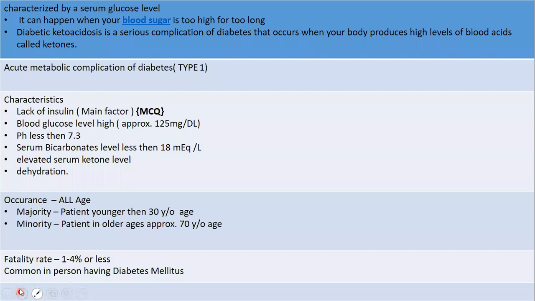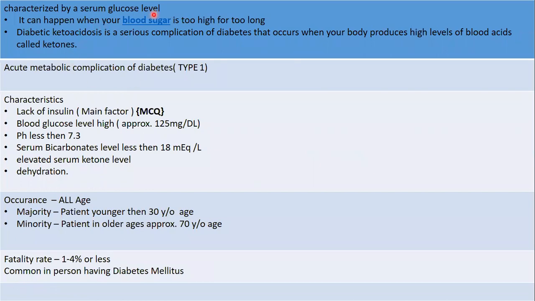So let's proceed. When we come to diabetic ketoacidosis, the main characteristic or the definition which we give is that there is an increase in the blood glucose or blood sugar level, and the other definition which you might see in some books is that it is due to high levels of blood acids. Blood acids are ketones.